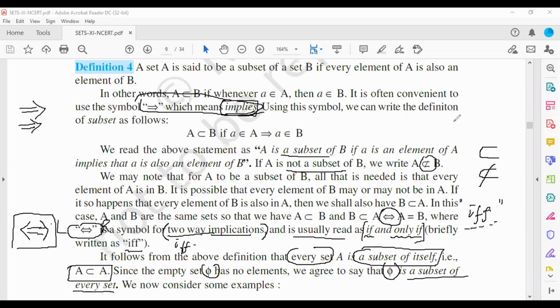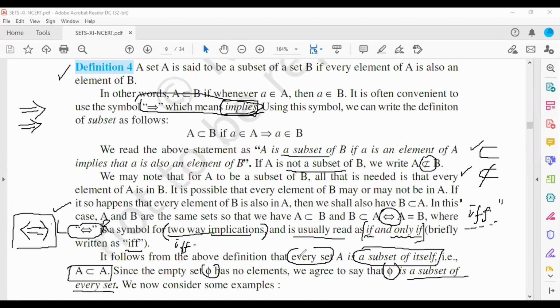I want you to place your attention and note down these very important properties. Under subset, you would have made the definition, the symbol for subset, the symbol for not subset, then the meaning of double implication.